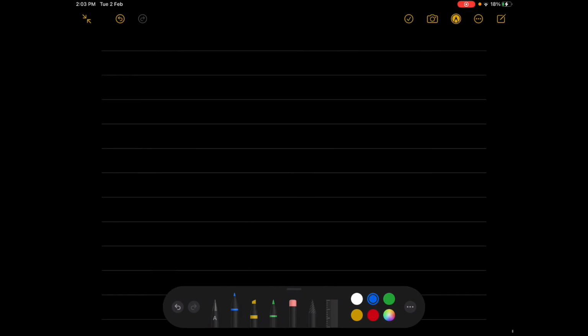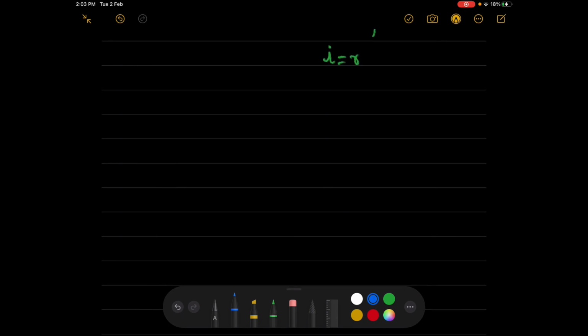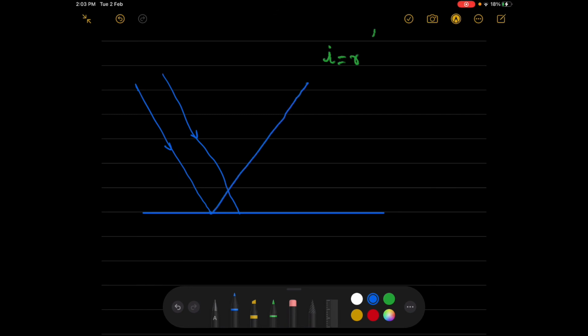Like here, I'll draw it down. It's a rough diagram. You can draw a finer diagram than this. I'm just explaining it here. So take this one ray, this another parallel ray. These two are parallel. When these hit, this is a plane surface, right? So I1 would be equal to R1, and over here also I2 would be equal to R2.